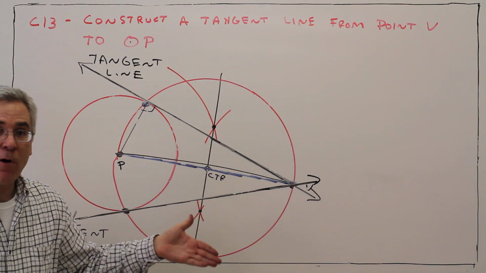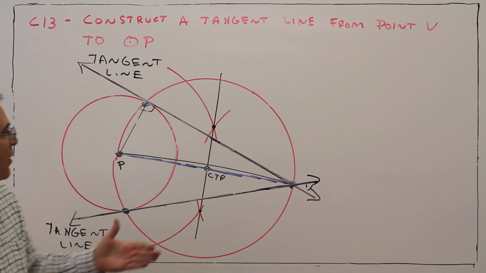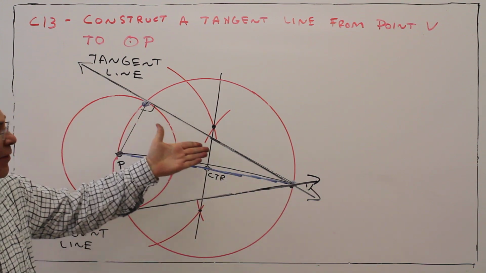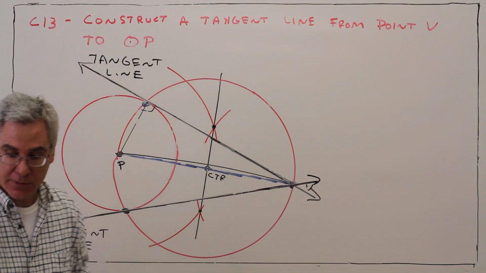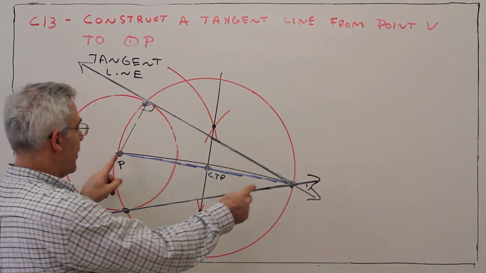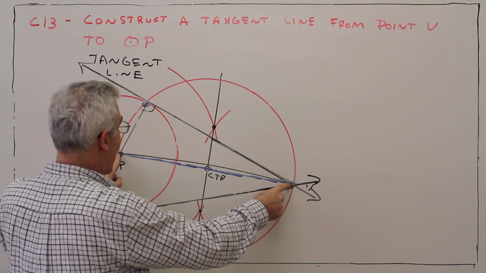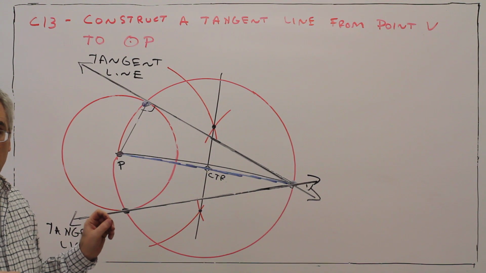Again, this is a more complicated and confusing construction, but what I've just done is drawn the two tangents from an external point. And again, just to summarize, what we did is we drew the segment between the external point and the center of the original circle.